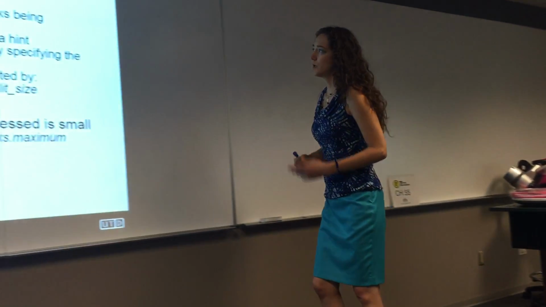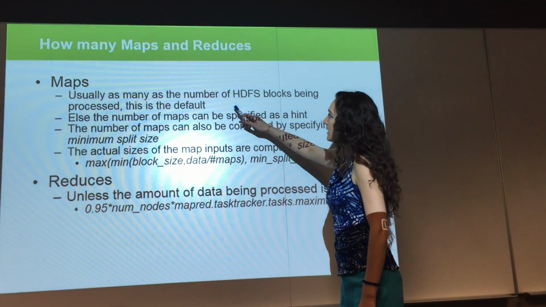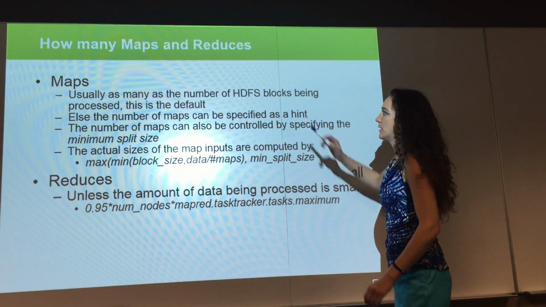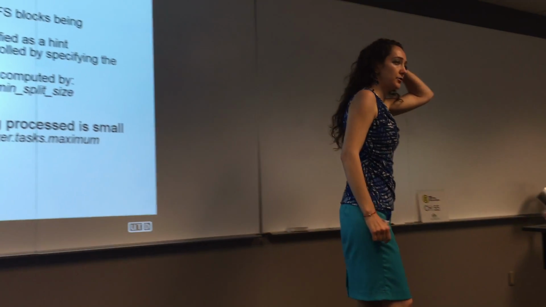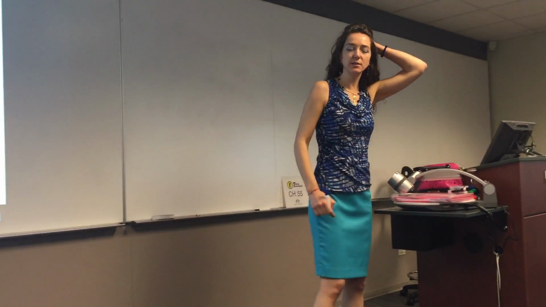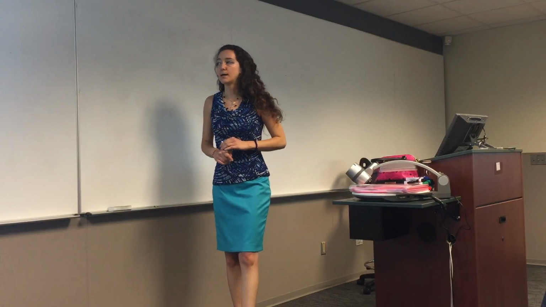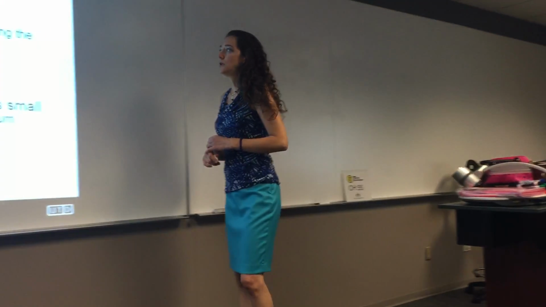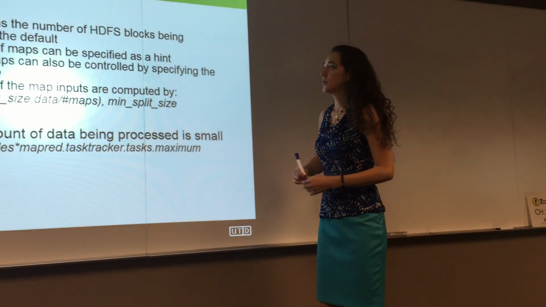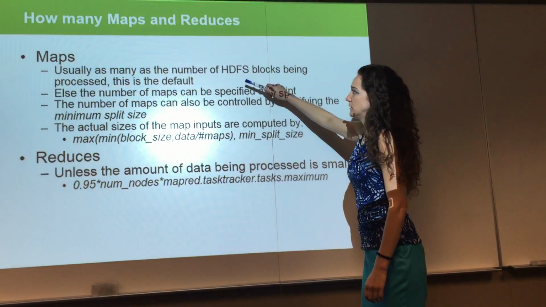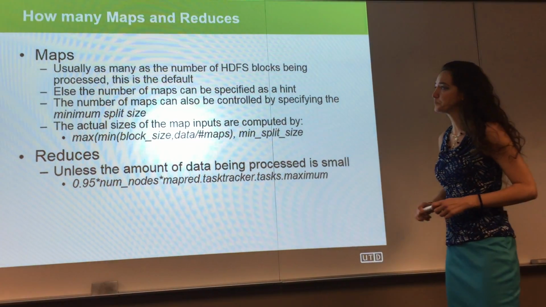Usually we have as many as the number of blocks that is being processed, and the block is 64 megabyte. It could be 128 megabyte. We can change that size if we want to, and as many blocks as we have, that many mappers we're going to get.